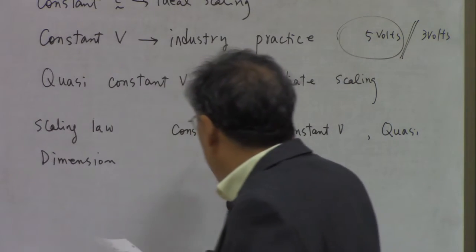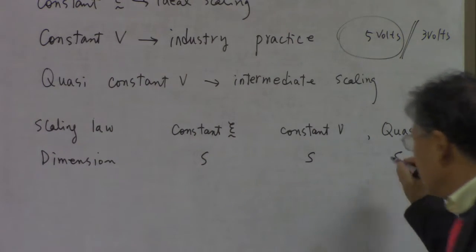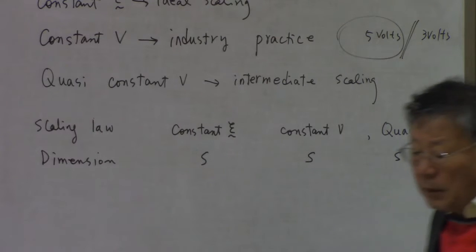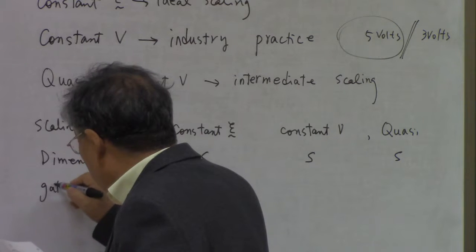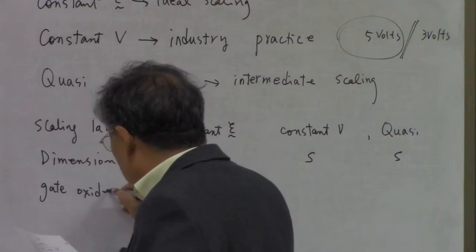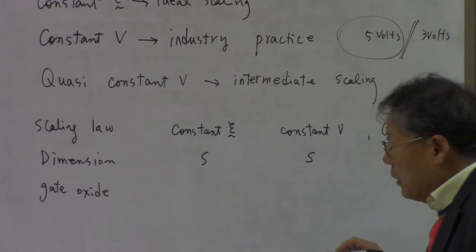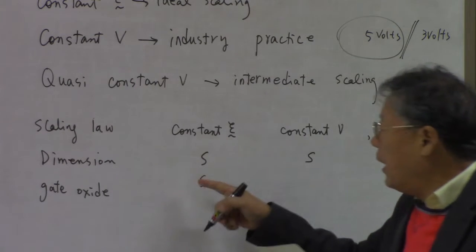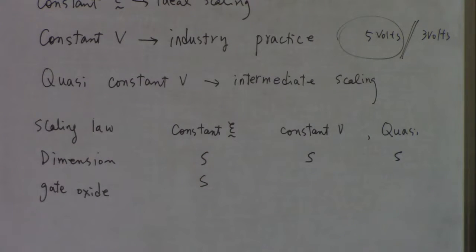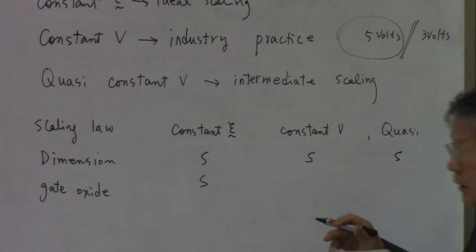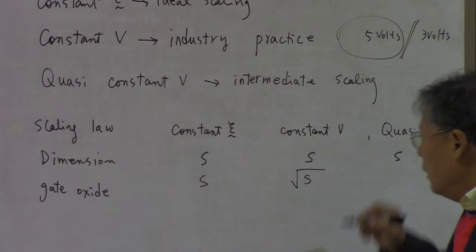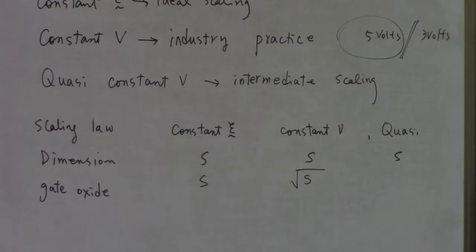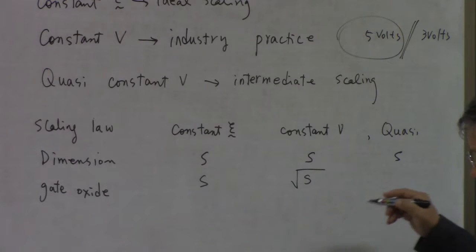We scale down by the factor S, okay? Then the gate oxide has to be scaled down by S if you want to keep the electric field constant, and if you want to keep the voltage constant, then the gate oxide is going to be square root of S, okay?